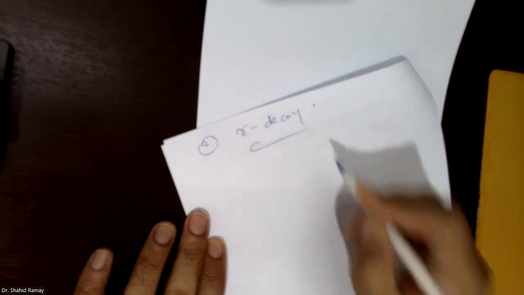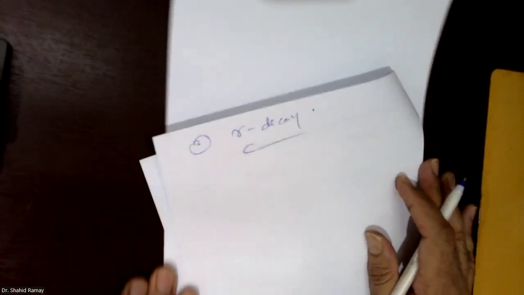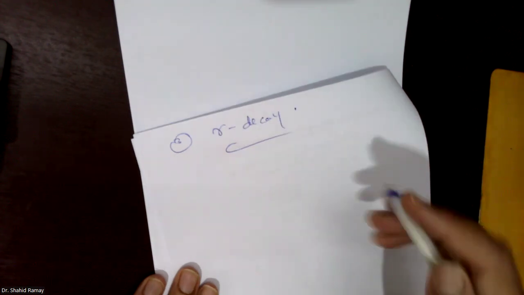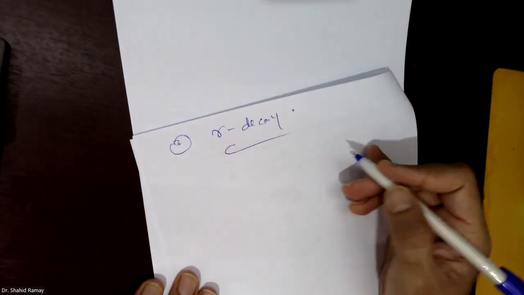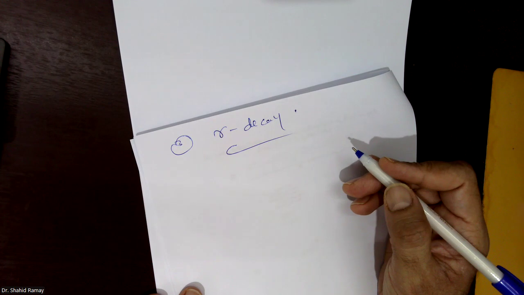So in case of gamma decay, gamma rays are actually electromagnetic waves.